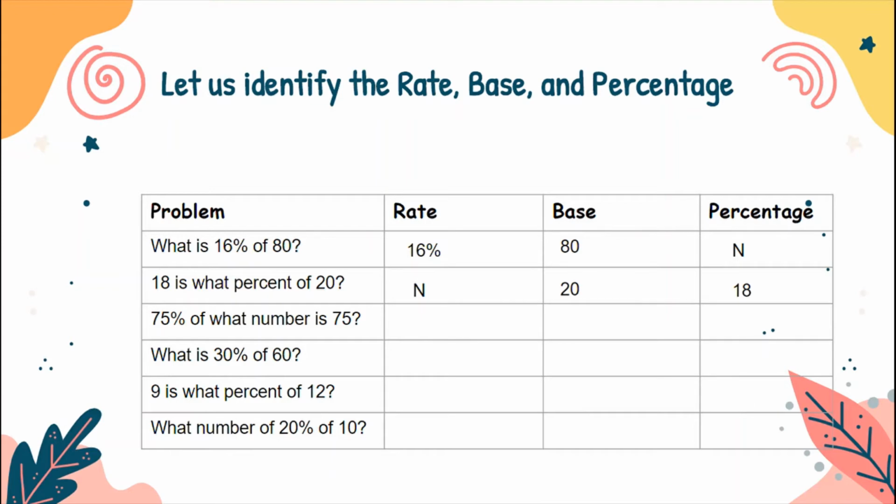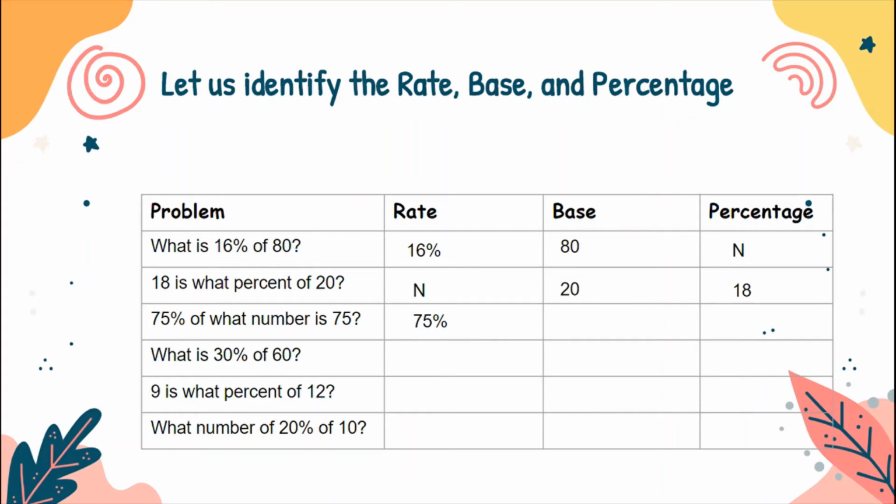Let's go to the number 3 question. 75% of what number is 75? Okay, so the first number here carries the percent sign, the 75%. Since it carries the percent sign, it means to say 75% is our rate. And 75 here signifies the value of 75%.